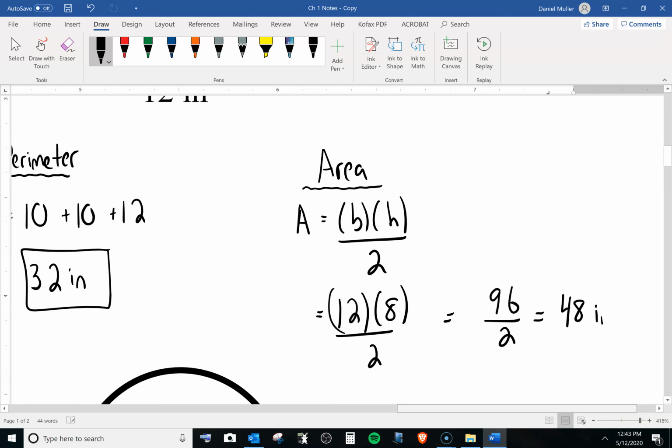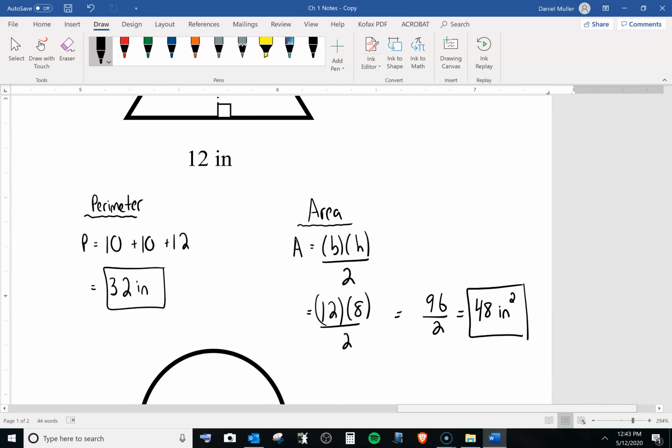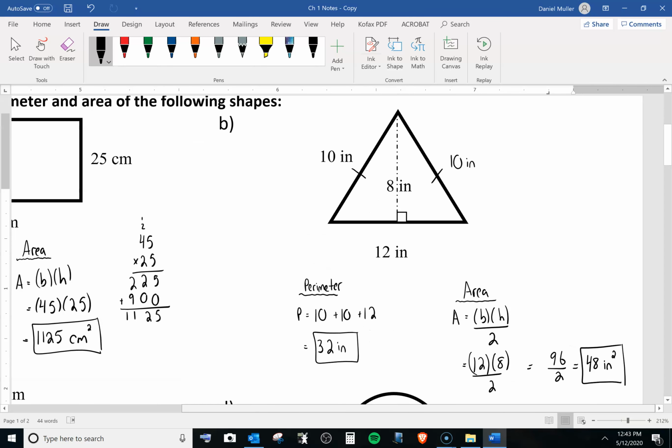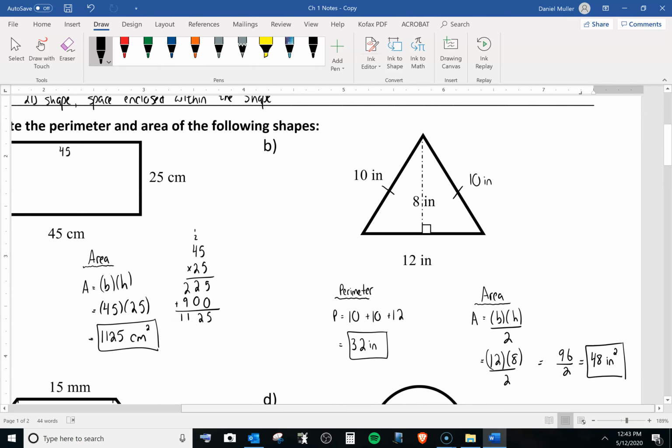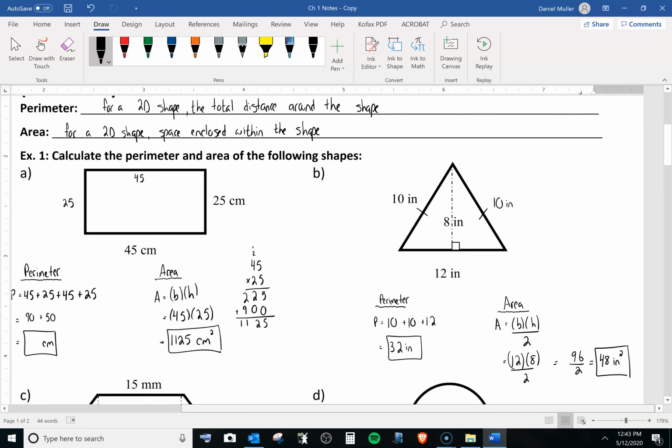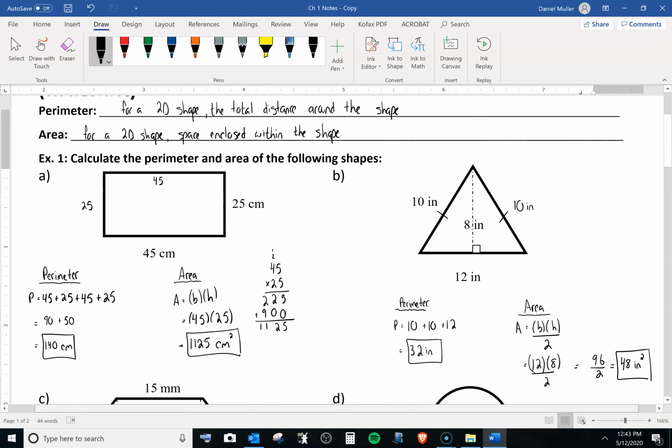And that is inches, and because it's the space in between, 2D, we're going to go power of 2. So 48 inches squared. I'll zoom out a bit more, and I can see all of them. And I will do the next video for C and D.